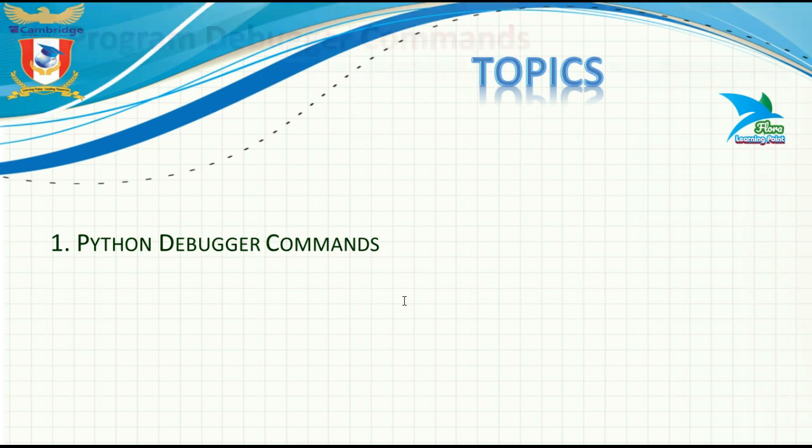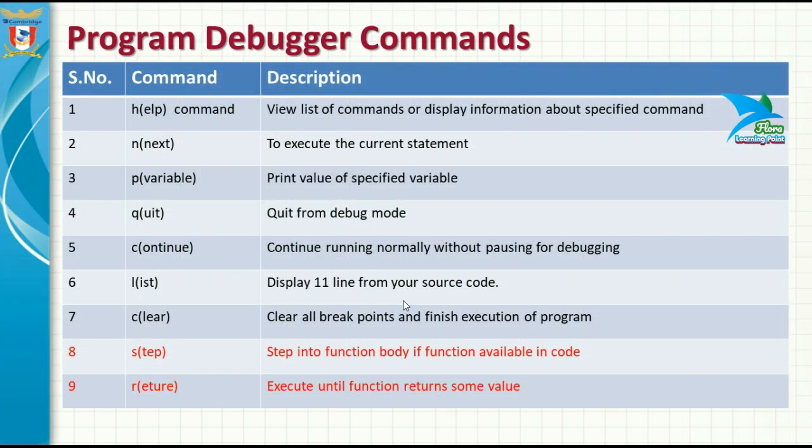So in this session we'll discuss Python debugger commands. These commands help us check the values of a variable during the execution of a program, and there are many other activities that we can perform with the help of these commands. So let's begin with these commands.